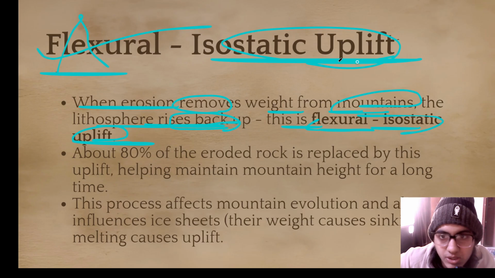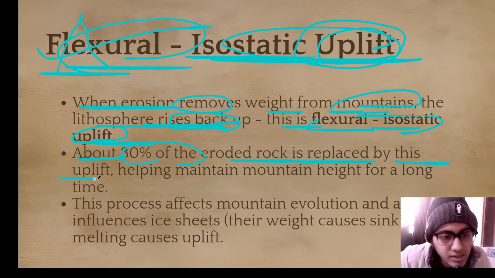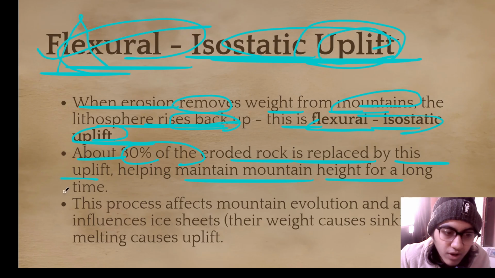As the name suggests, uplift happens because of the erosion process. About 80% of the eroded rock is replaced by this uplift, helping maintain mountain height for a long time.